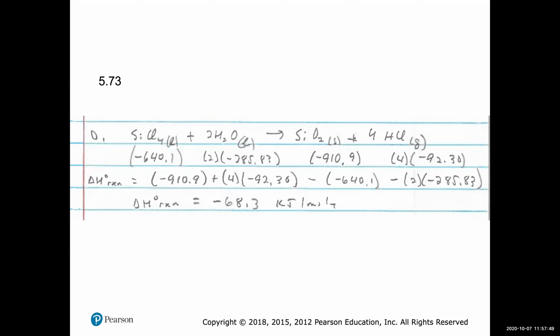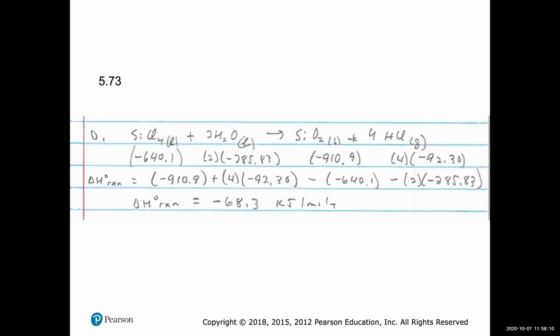We have the 4 in front because that's the coefficient in our balanced chemical equation. So once again, it's important to look at the balanced chemical equation so you know if you need to multiply the delta H value for that molecule or not. Since there are 4 moles of it, we have to multiply it by 4.